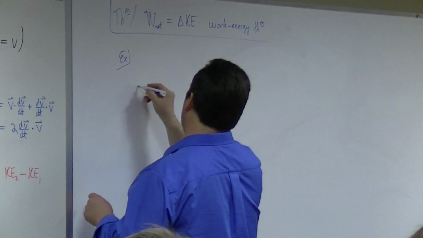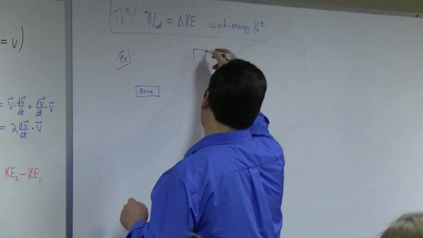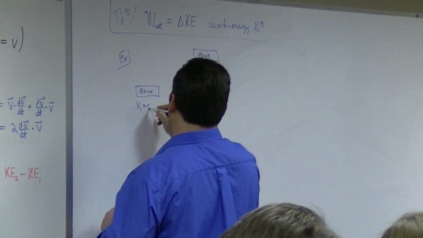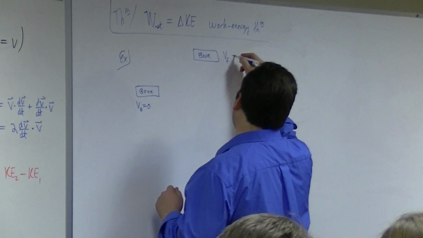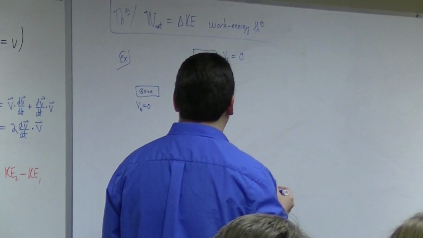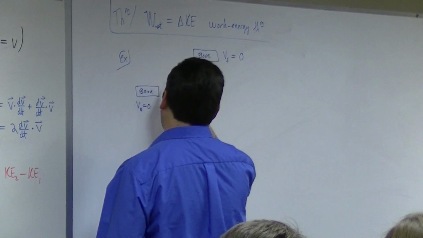So, got a book. Let's say V initial equal to 0, and V final equal to 0. And let's see here. The force of gravity, what's that look like?